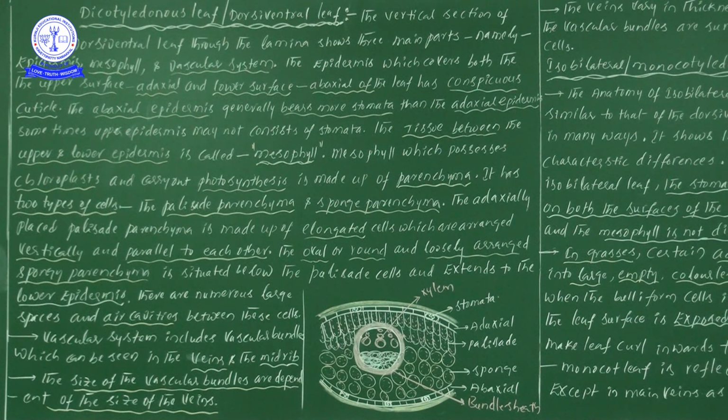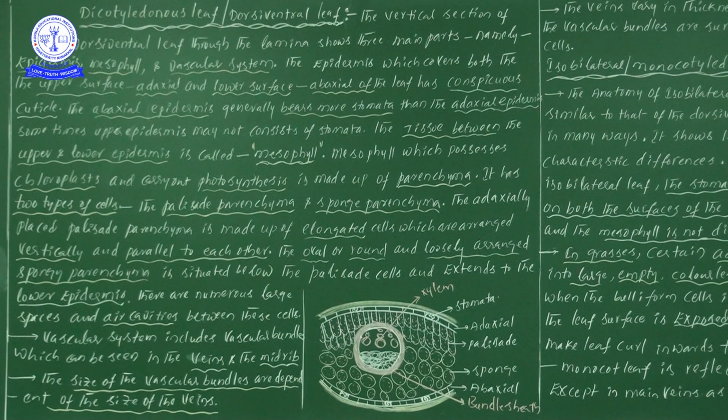One more important point: sometimes the upper epidermis, meaning the adaxial epidermis, may not have stomata at all. Sometimes we can observe absence of stomata on the upper or adaxial epidermis.